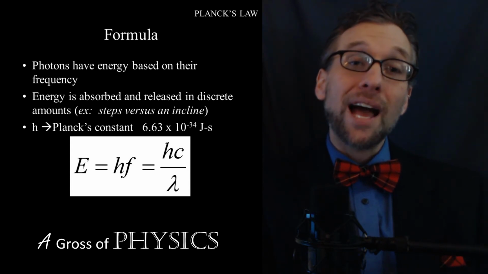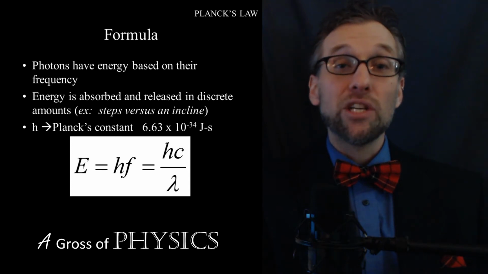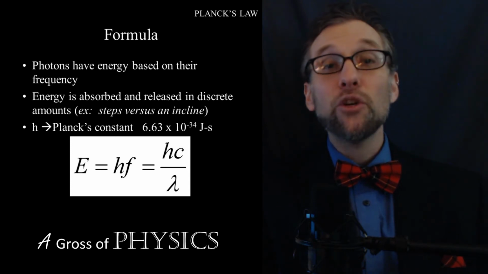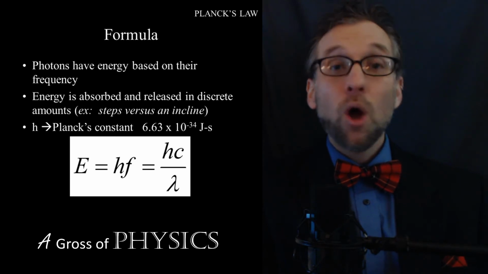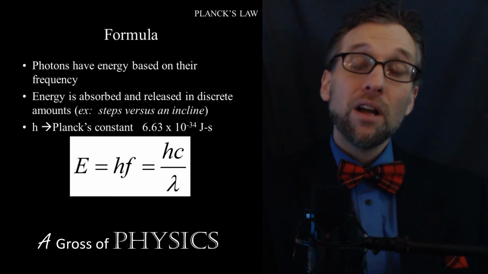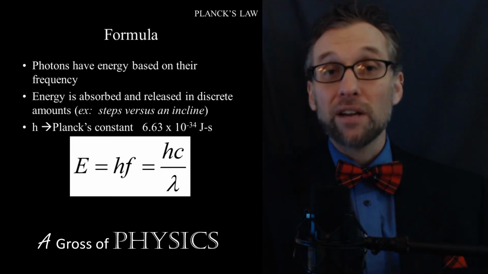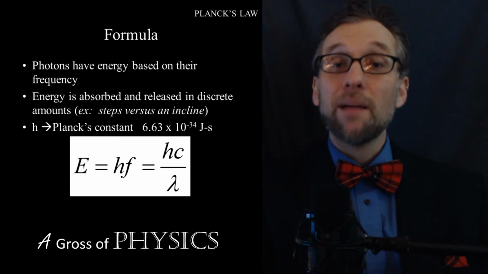Now, if we use that constant, we have an equation that allows us to find the energy of a photon. And we can do E equals hf, Planck's constant times the frequency. Or if we rearrange it using v equals f lambda, we can figure out the energy of a photon of light using hc over lambda. So, what does that mean?